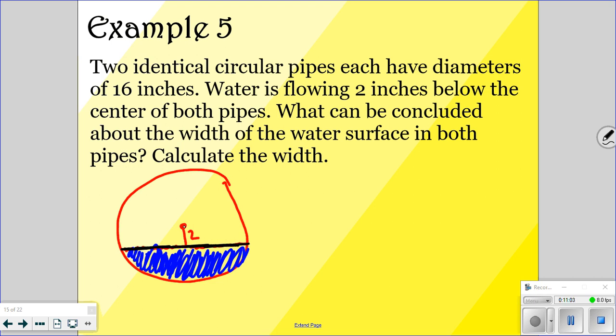They told us that the diameter was 16, so that means that this radius would have to be 8. And then we can find our x value here using Pythagorean theorem.